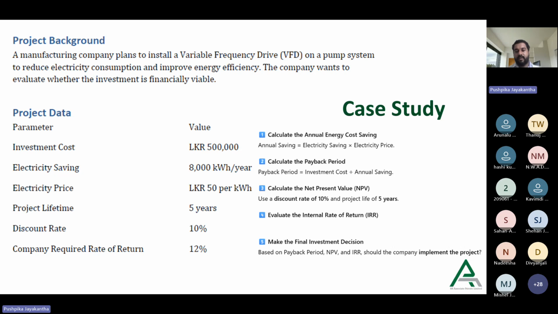And finally, is the IRR, or the internal rate of return, higher or lower than the company required return? You have to find that one also. And based on all this analysis, you have to take your final investment decision whether we move forward with this investment or not.